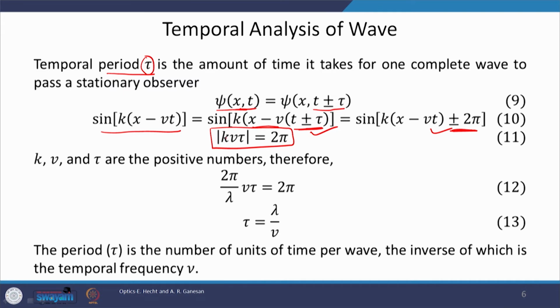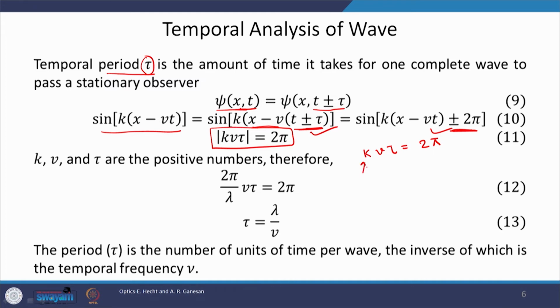Again, k is a positive number, as we have already discussed. Tau is time, a positive quantity, and v is a positive number. Therefore, we get k v tau is equal to 2 pi. In the last slide we saw k is equal to 2 pi by lambda.